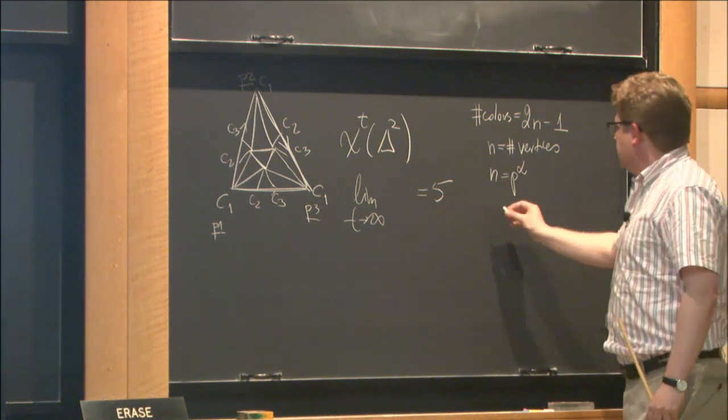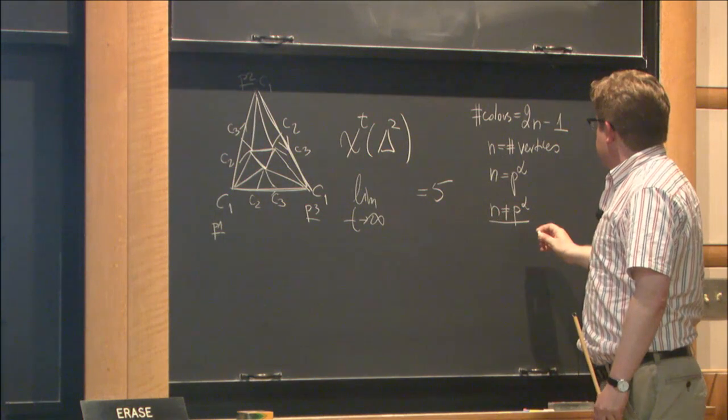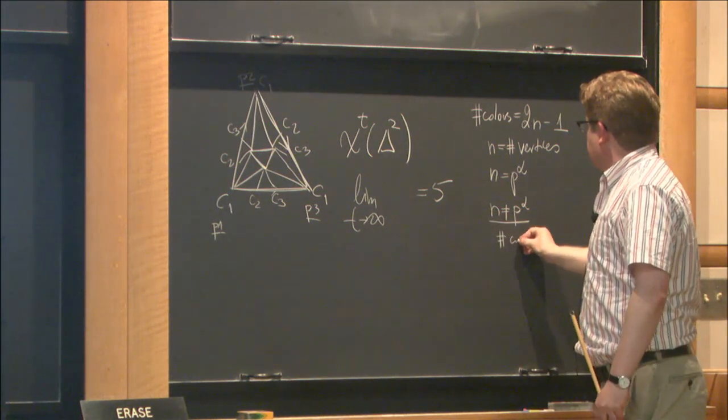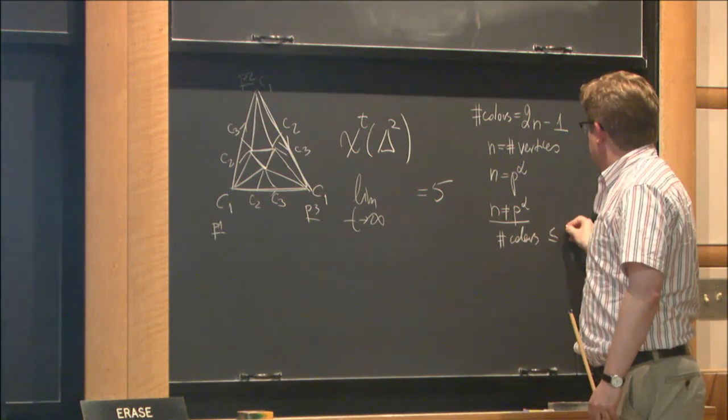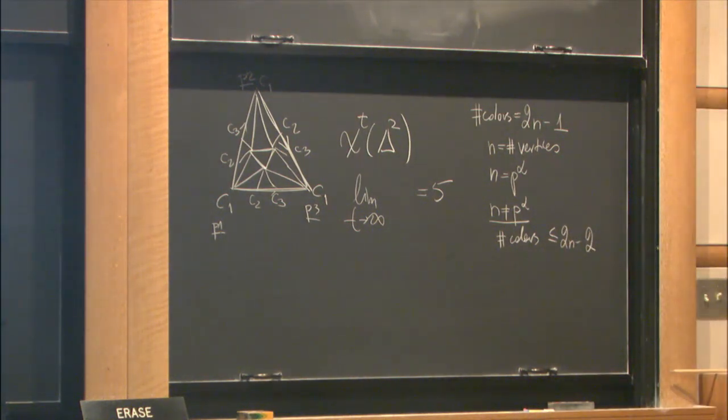But if it's not, then it's not 2n minus 1. You can actually color with 2n minus 2. But otherwise, it's an open question. It's not known. So the naming task is open in distributed computing.